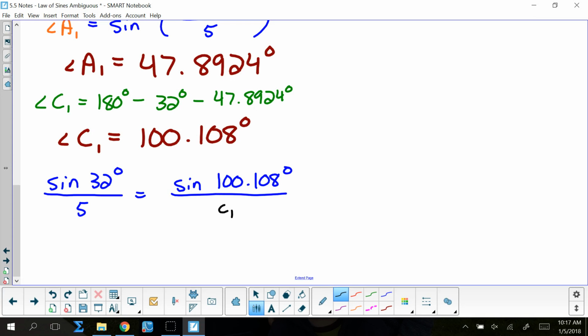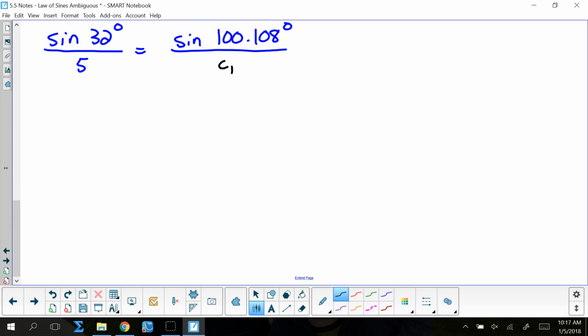Crisscrossing applesauce tells me that side C sub 1 is equal to 5 times the sine of that angle divided by the sine of 32 degrees.